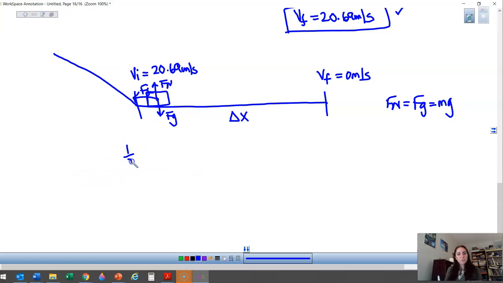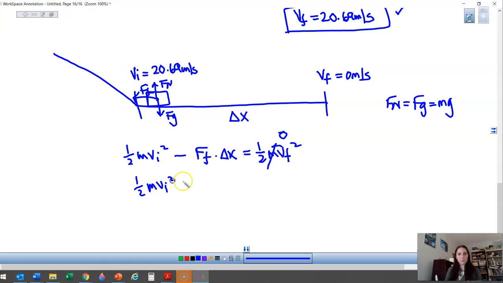So we have the initial velocity, so we'll have kinetic energy, minus the work done by friction, where I'm going to call this delta x because that's the distance, equals the final kinetic energy. There's no height change, there's no potential here, that's 0. This is what we did earlier.